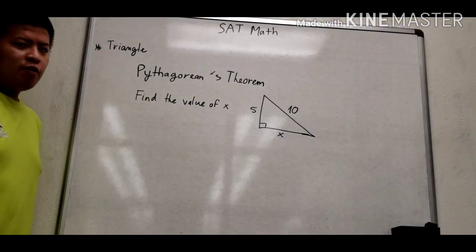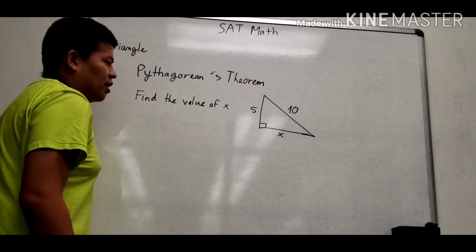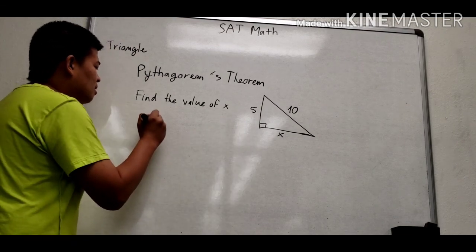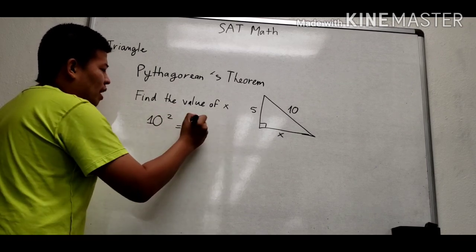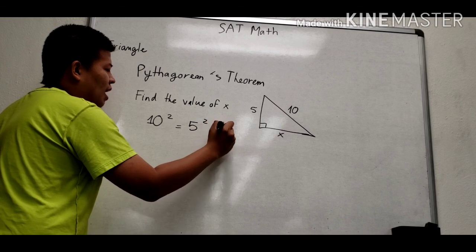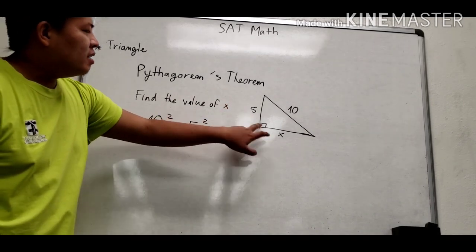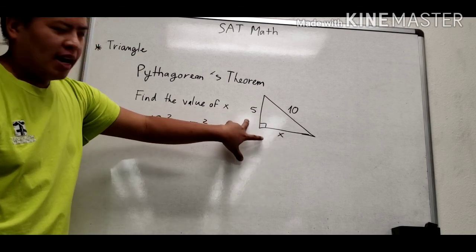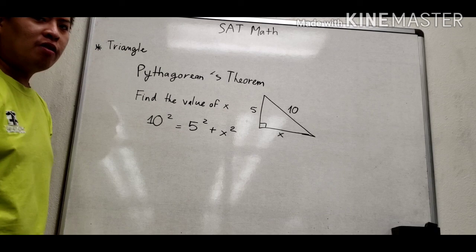So now we need to find the value of s here. In the right triangle, we have 10 power 2 equals 5 power 2 plus s power 2. Because we have 5 and s with the right angle between them, and 10 is the hypotenuse.